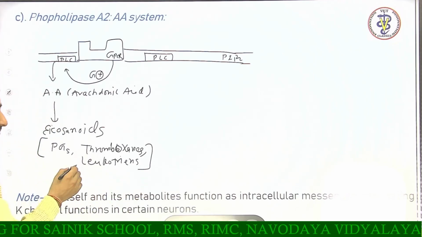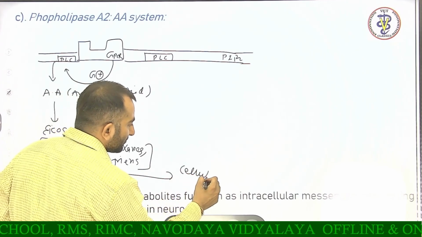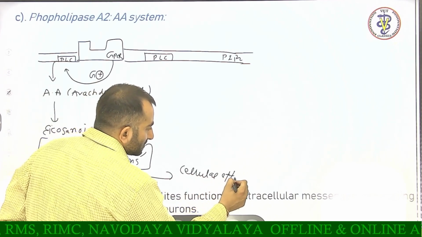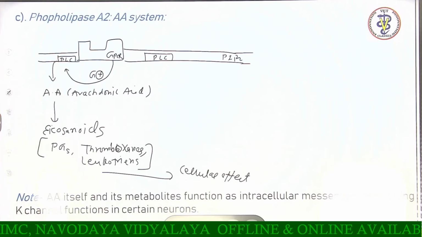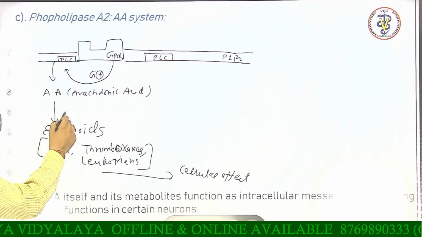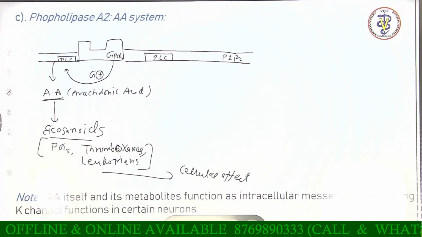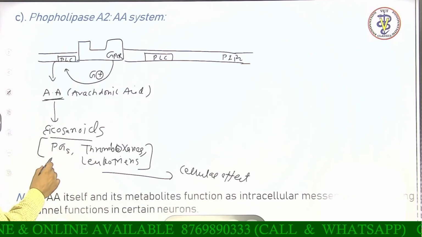So these all factors are responsible for producing different types of cellular effects. So this is called the arachidonic acid system or phospholipase A2 system, because in this the G protein is responsible for the formation of arachidonic acid, which is again metabolized into different types of eicosanoids like prostaglandins.